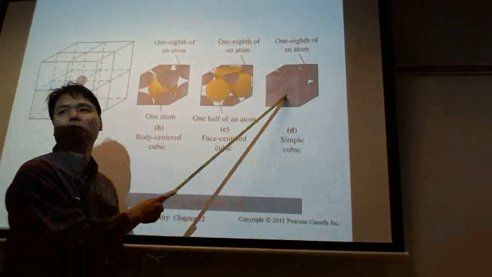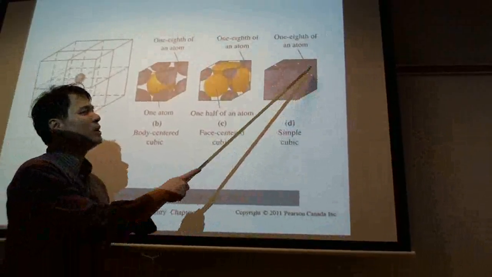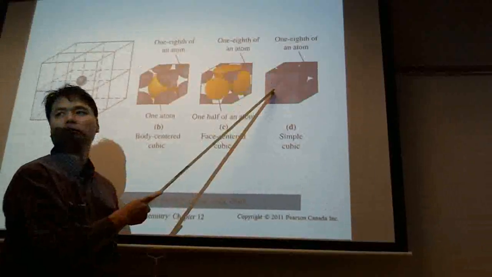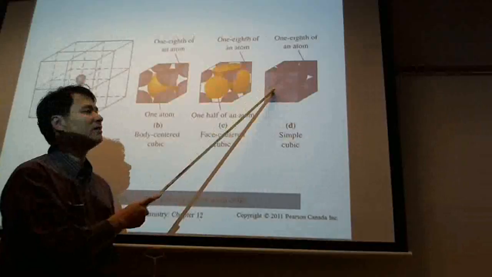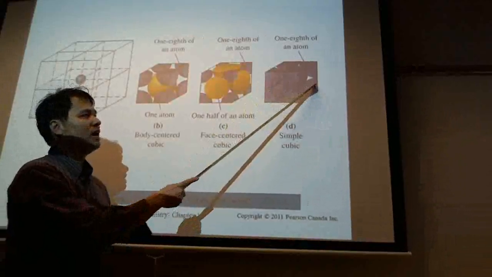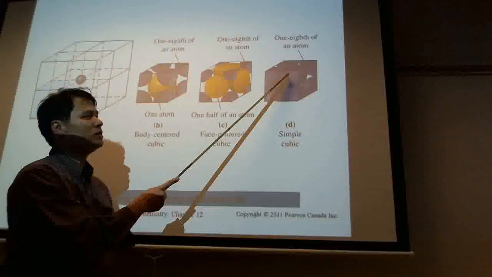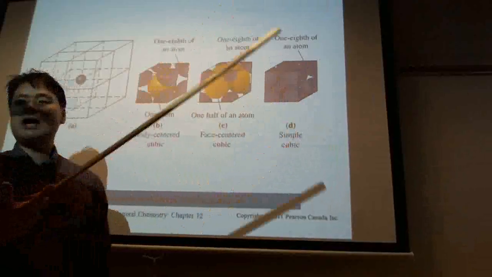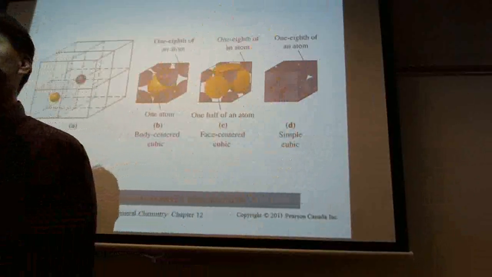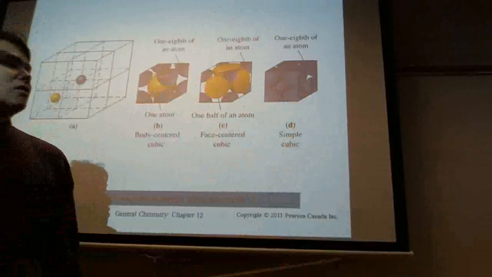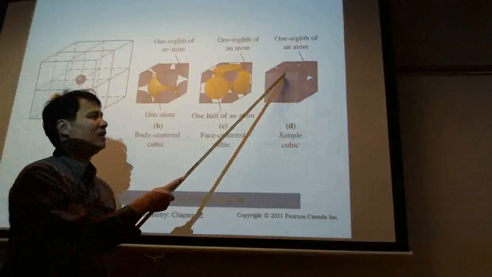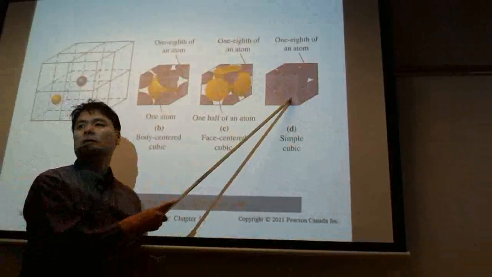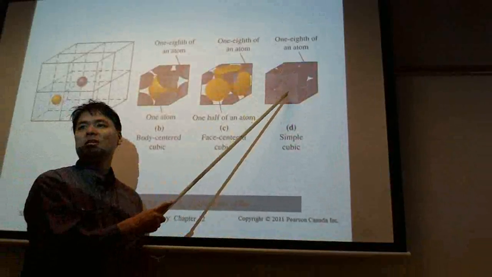If you add up all these wedges, how many atoms can we build? One atom, because there's a 1/8 wedge on each corner. One whole atom is 4/3 pi r cubed, the volume. And so we know the volume occupied by the atom.